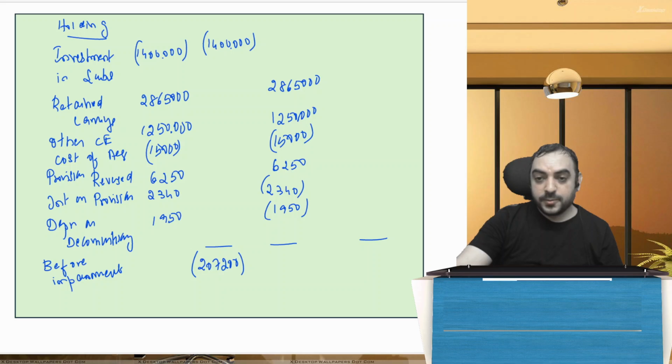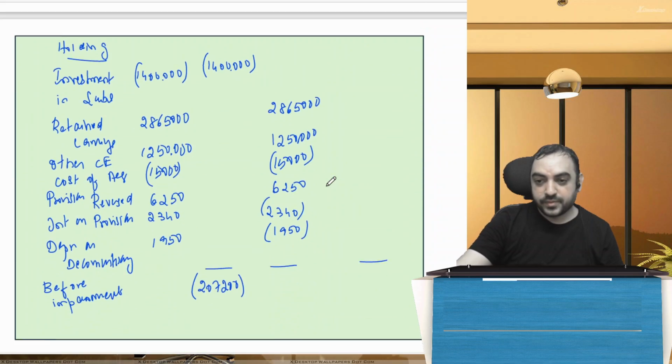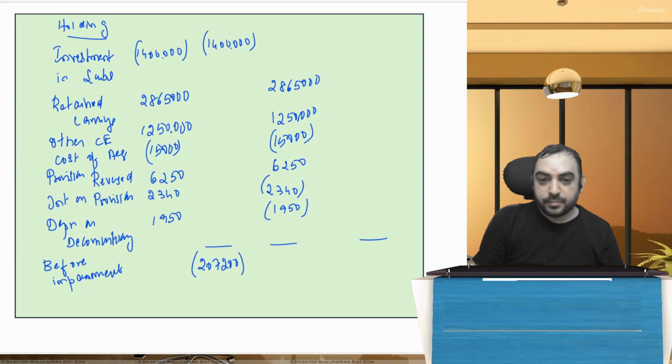Coming to con PL before impairment: 2,40,000 plus 20 minus 57,600 plus 19,200 plus 28 lakh 65 plus 12 lakh 50 minus 15,000 plus 6250 minus 2340 minus 1950.